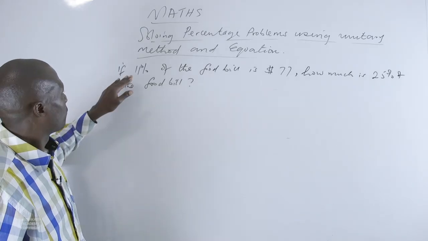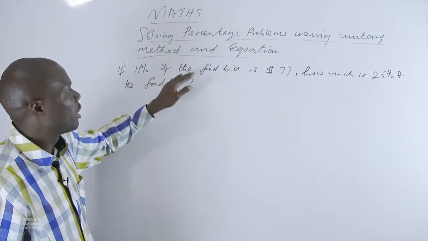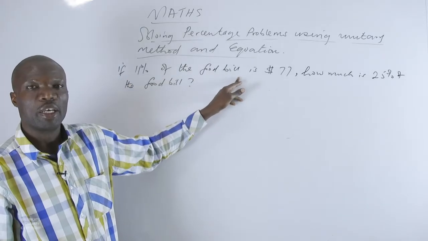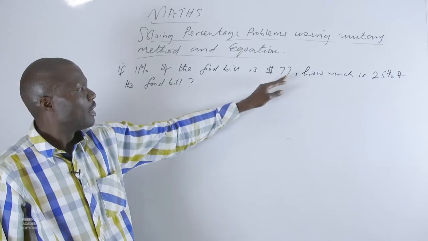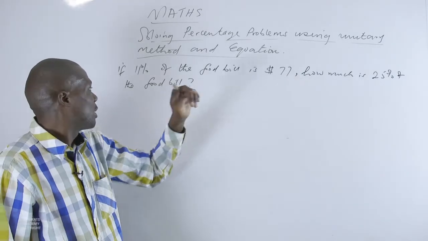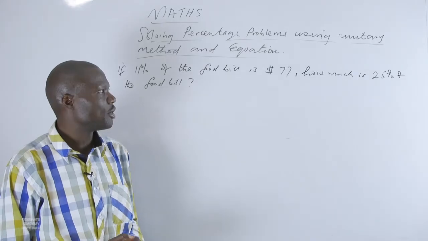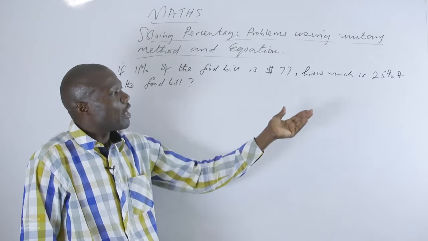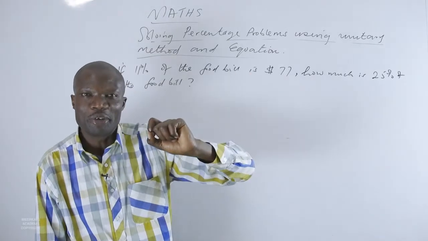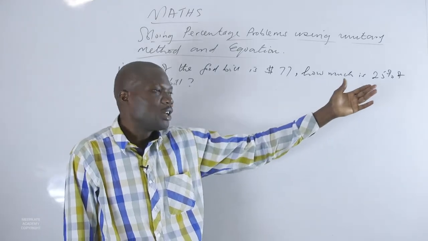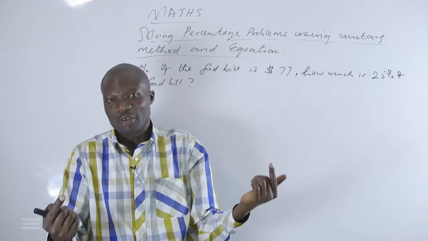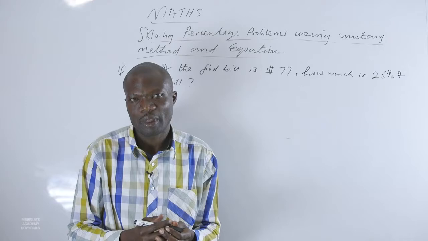If 11% of the food bill is 77, how much is 25% of the food bill? How much is 25%? You see, we are not looking for the whole amount. We are only looking for 25%, not 100 the way we were looking at it previously.